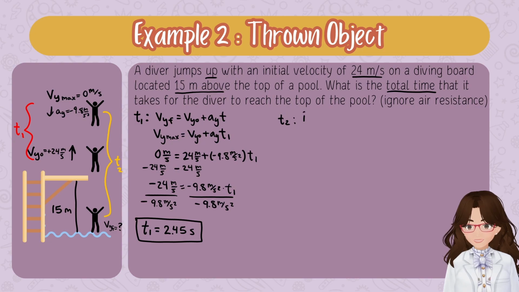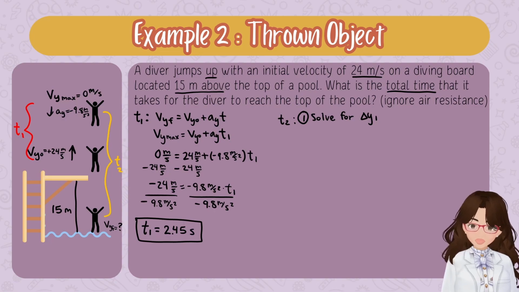So what I'm going to say is the first step is to solve for delta y1. So again, we're solving for the vertical displacement that took place during that first segment of motion.